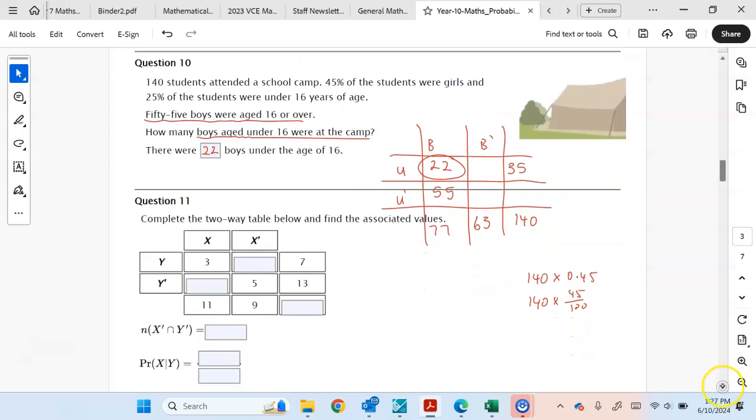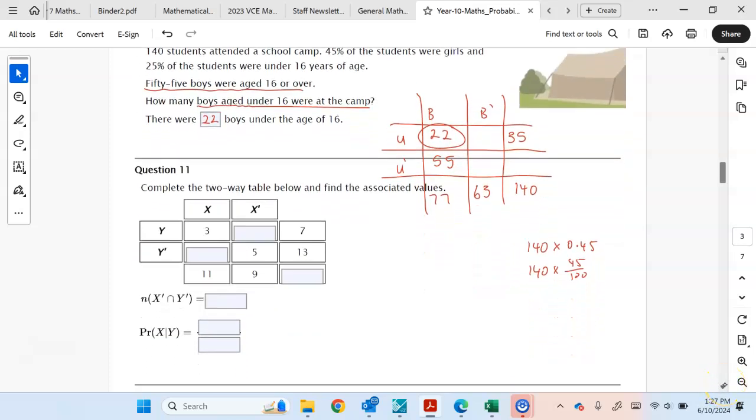All right, question 11, complete the two-way table below and find the associated values. Remember your rows have to add up. So that's going to be a 4, that's going to be an 8, and that's going to be a 20. All right, so n, remember, is your number.